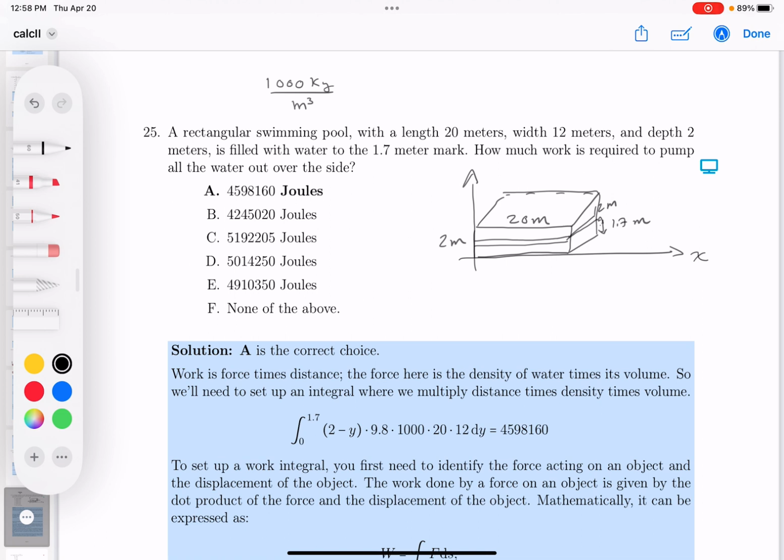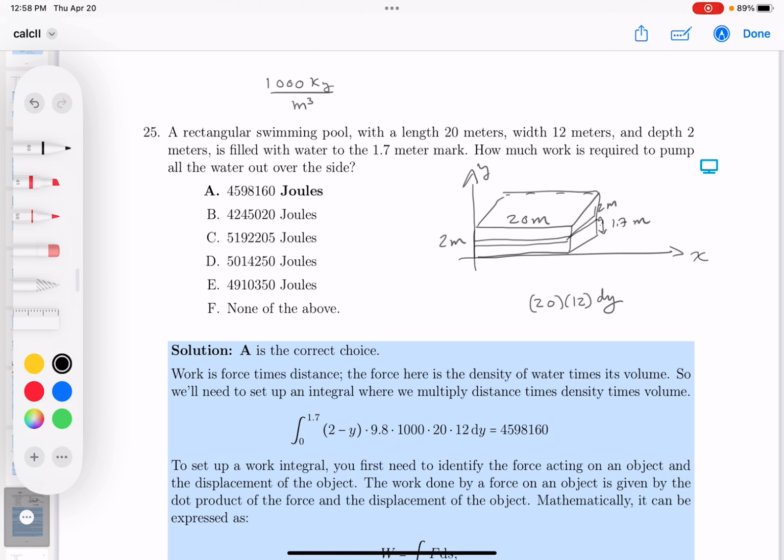So that sliver is going to be 20 times 12. And the differential is going to be dy. This is the y-axis, by the way. So I'm pretty comfortable that the volume there is 20 times 12 dy.